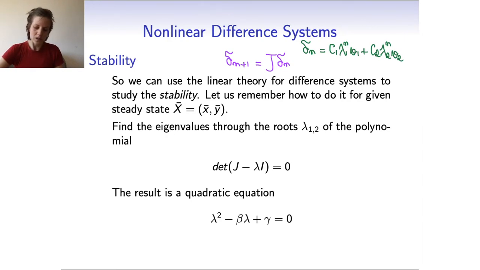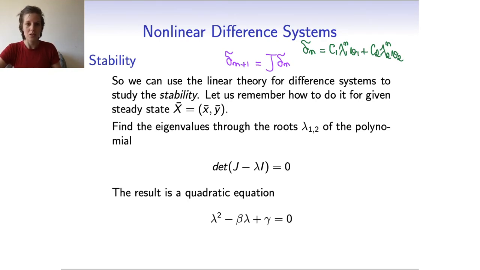So we can do a similar analysis to the one we did for the nonlinear equation. So we can see again that this perturbation will tend to 0 if lambda 1 and 2 are between 0 and 1.